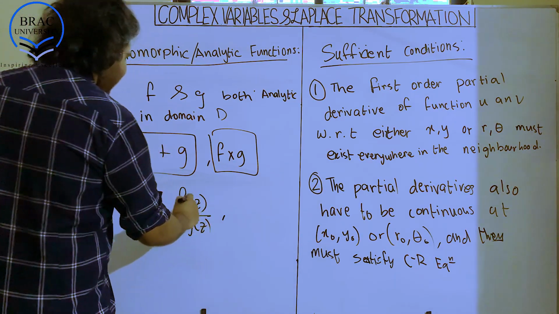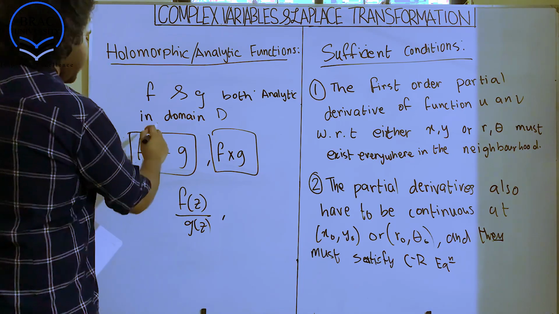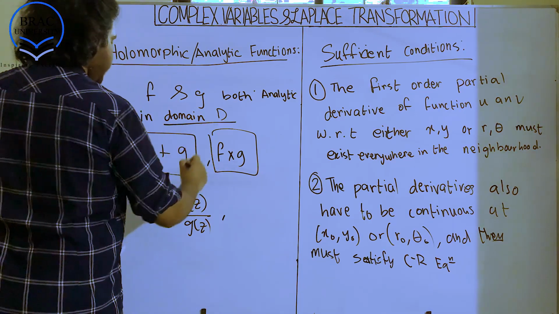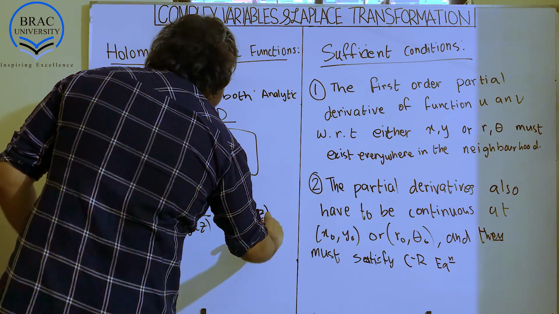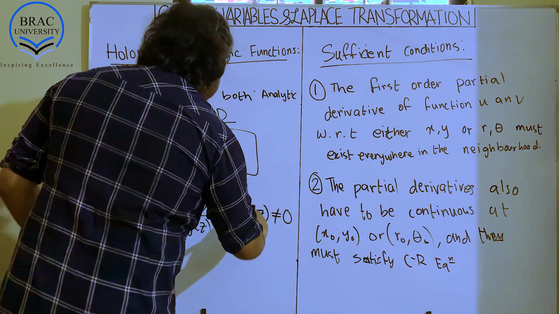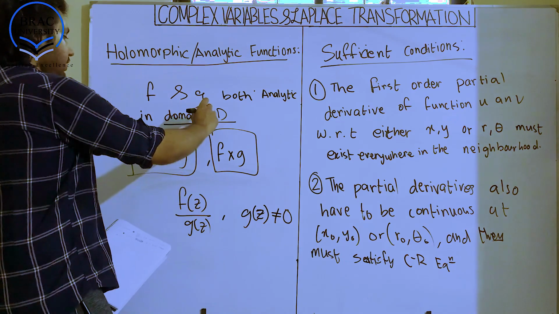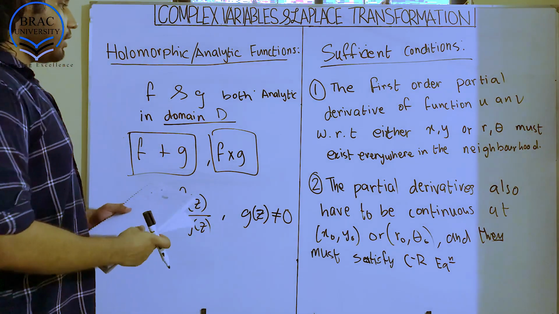As in, this is analytic in domain D if g of z is not equal to 0 for any value of z in domain D.